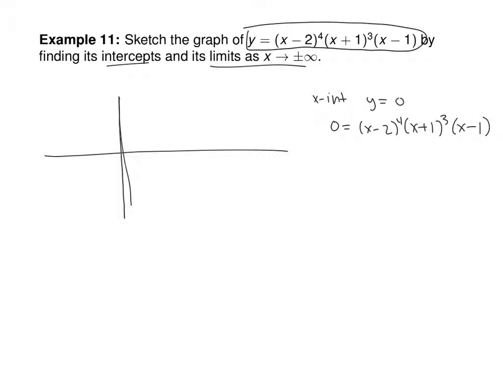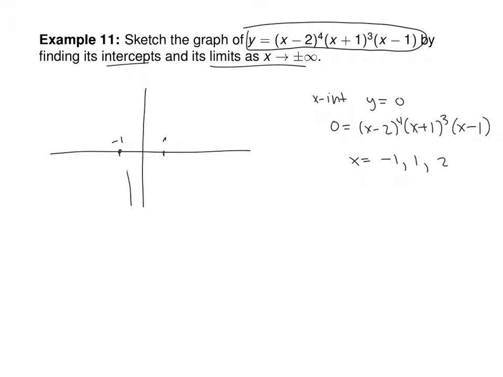I'm going to try to draw straight lines. This should be really easy to solve. What numbers make this expression 0? -1, 1, and 2. Does that make sense? Your graph is going to cross the x-axis at -1, 1, and 2.